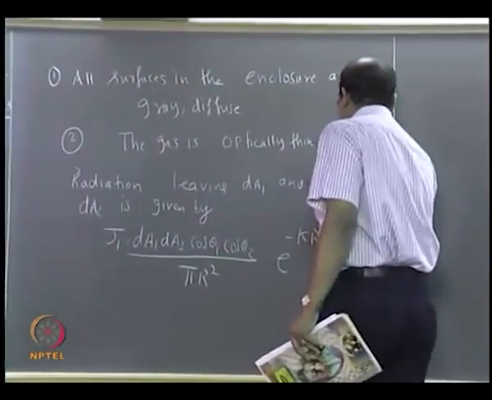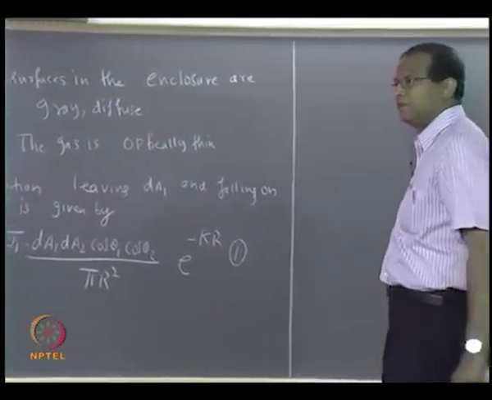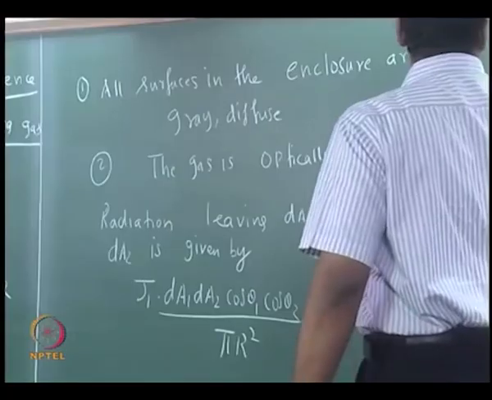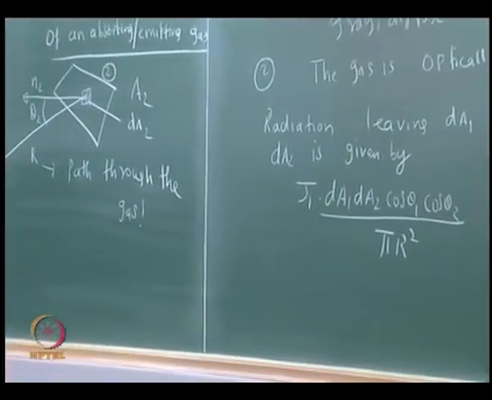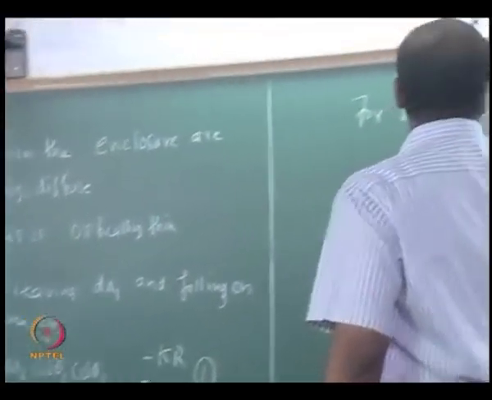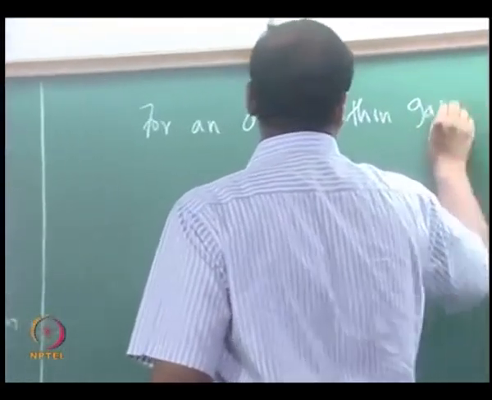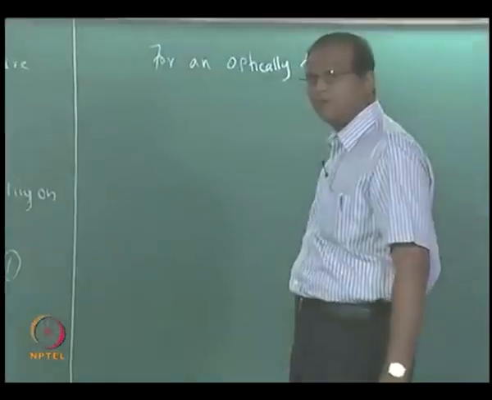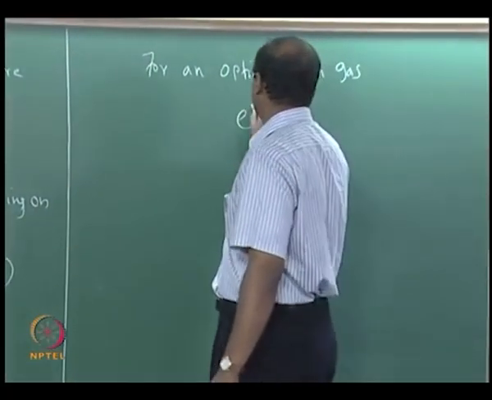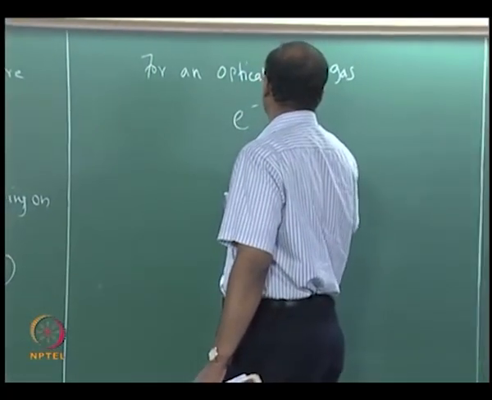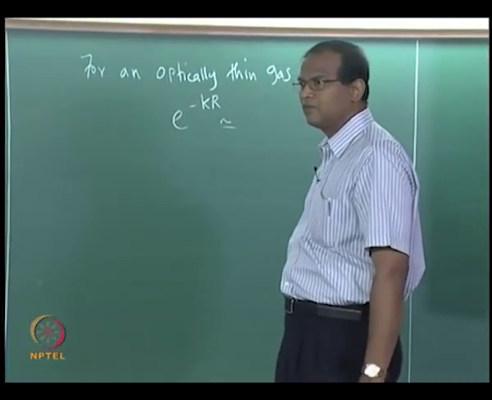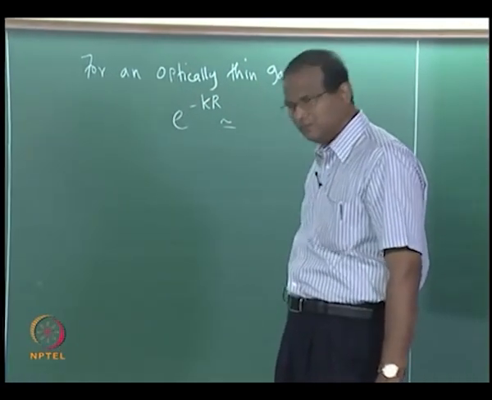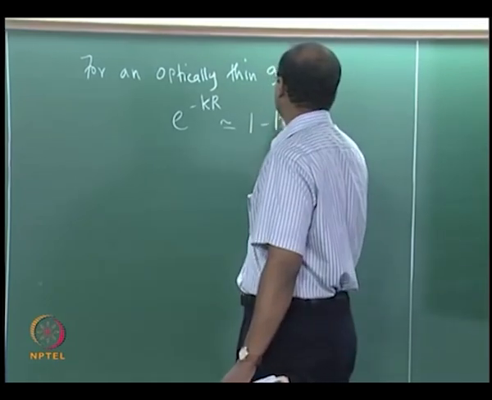Okay, so for an optically thin gas, e to the power of minus kappa r can be written as 1 minus kappa r.